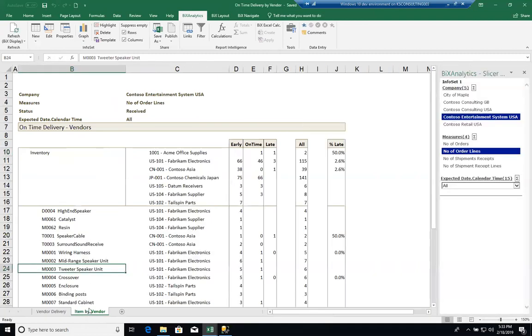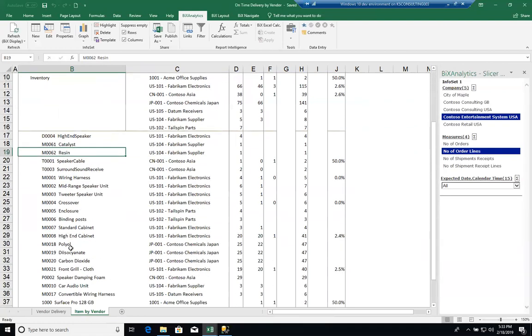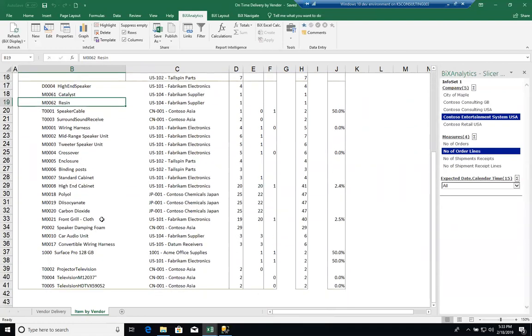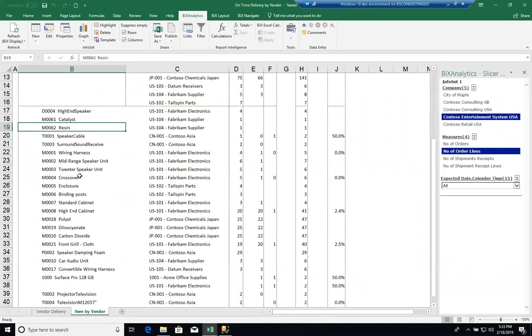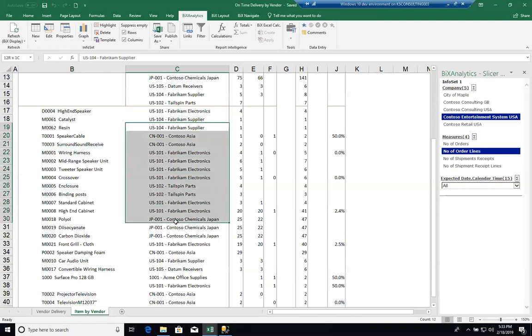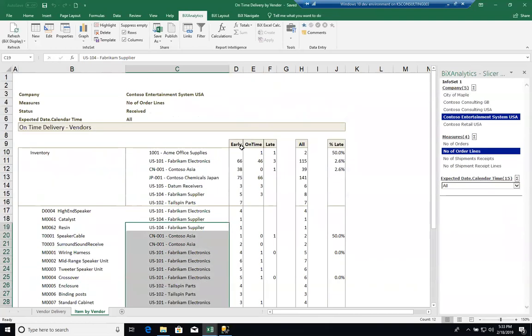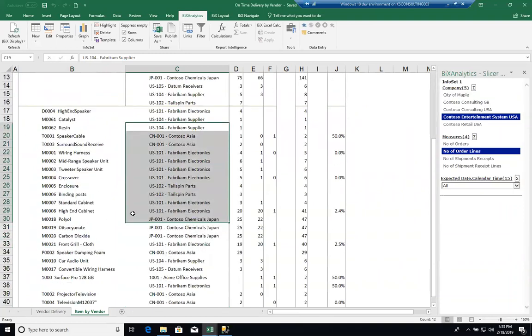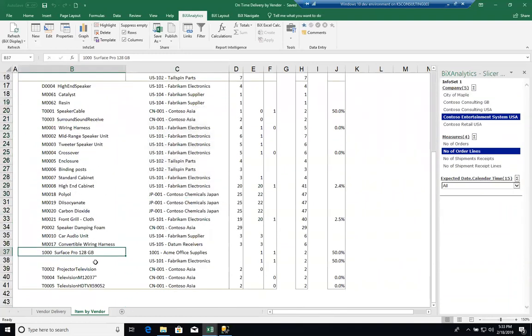And then with a system where you have real production data versus demo data, you can start to get into some really interesting cases. Here, for instance, now I'm able to see the items. So this first column represents items, this column represents vendors, and then the same story where I can see early, on time, late, and the all. But then I'm able to start to see where I have an item that's being provided by two different vendors.